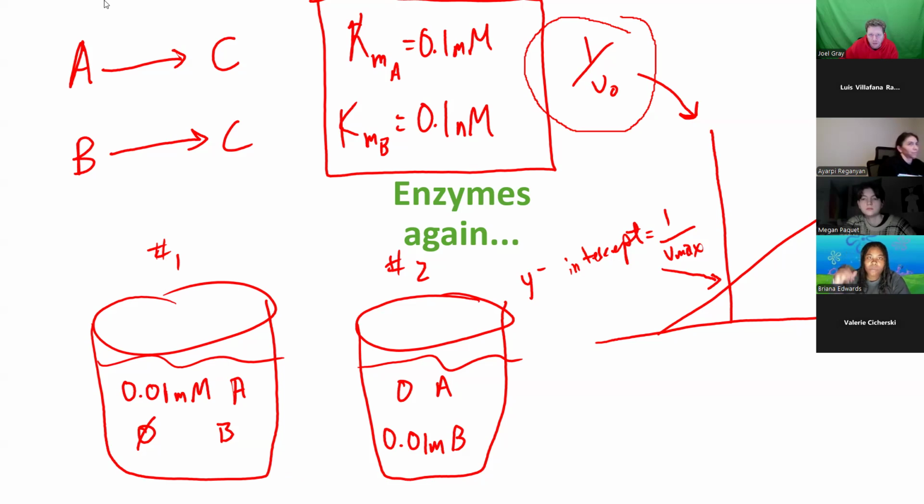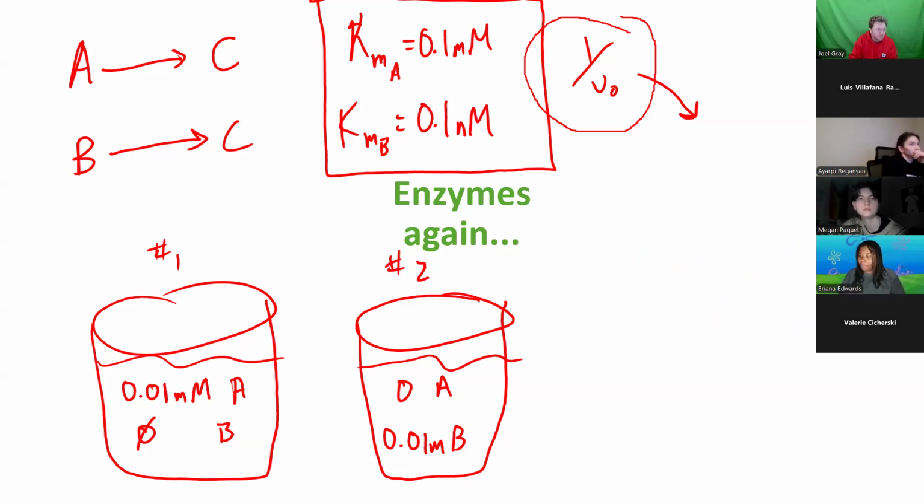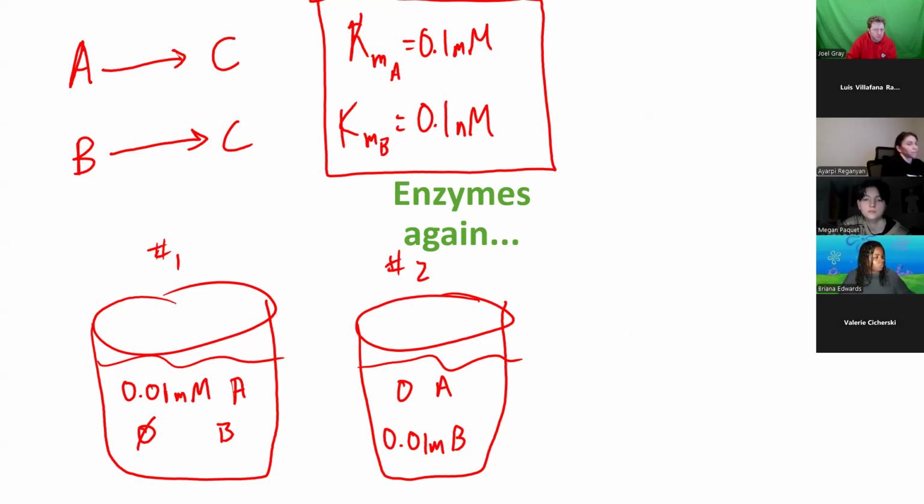I can paste that. Nope, that's not it. Okay. Okay, so our Km, and I'm going to erase this over here. Sorry, I don't know how to reopen the poll for anyone.